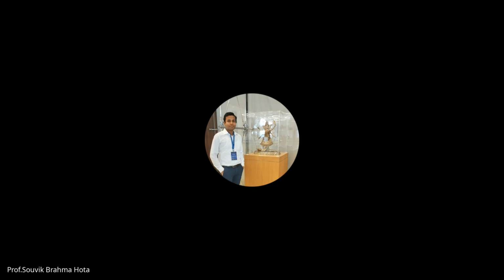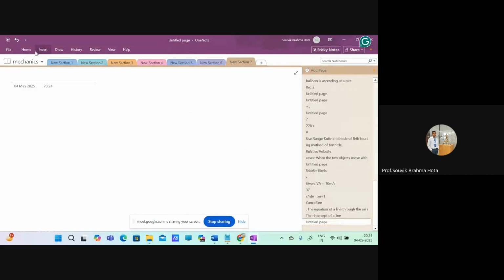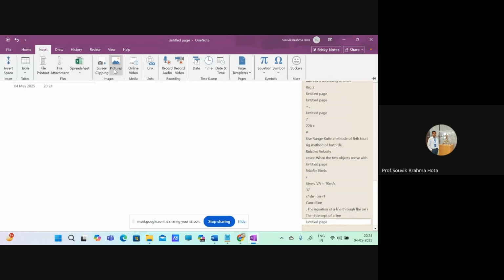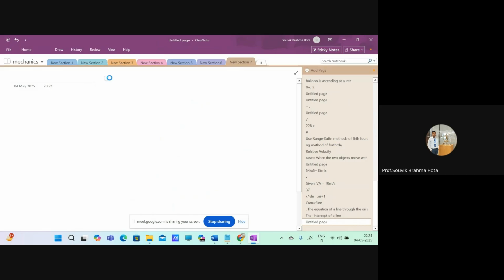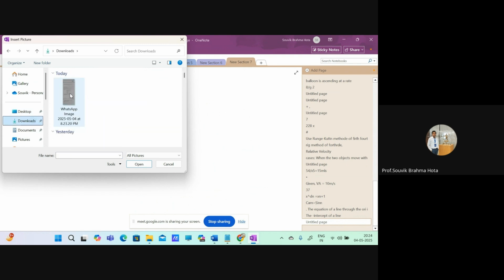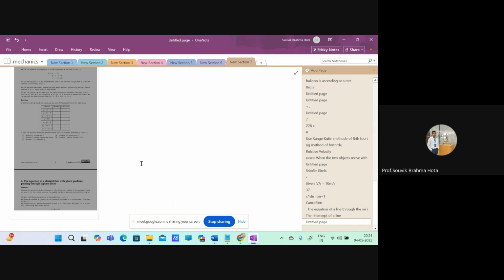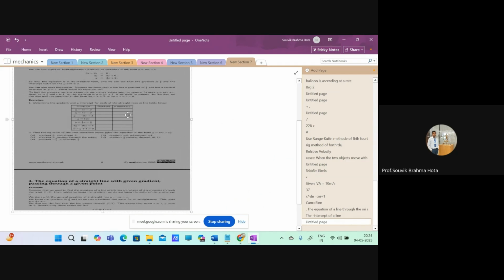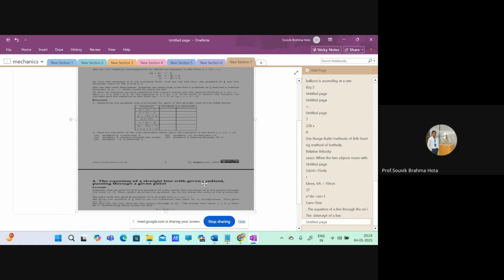Share the screen. Insert chair. Can you see the screen?